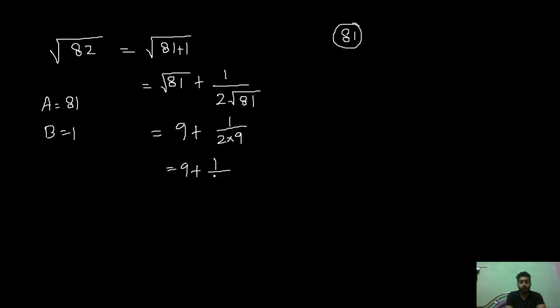Now 1 by 18 we can calculate by using division method, but we can do it very easily by approximating this number. Now 1 by 18 is approximately equal to 1 by 20, and 1 by 20 is nothing but 0.05.